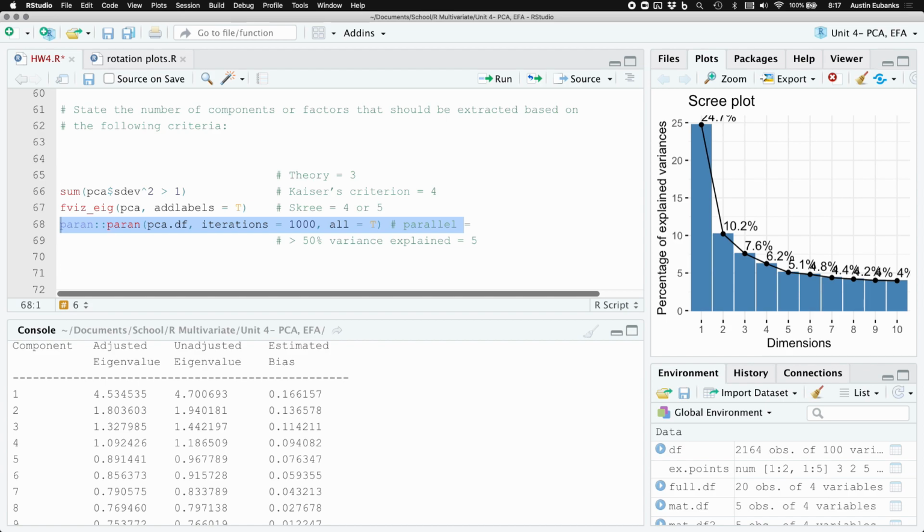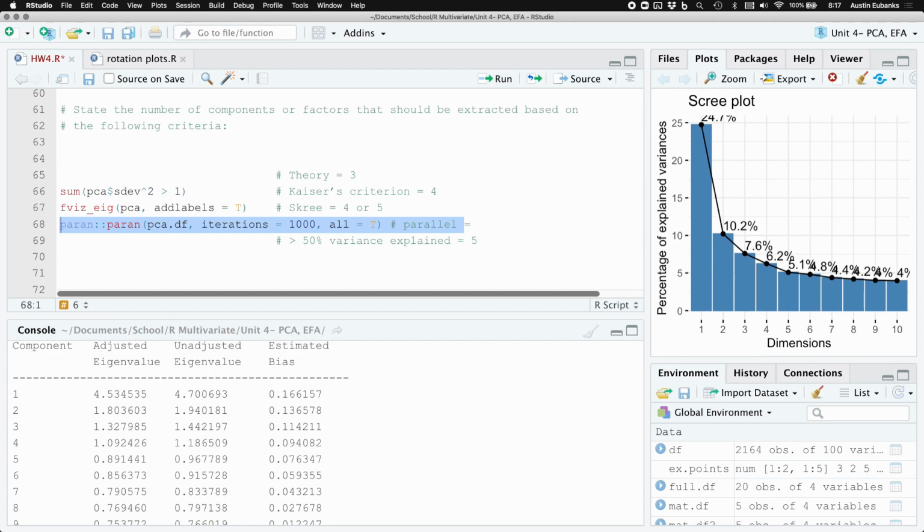You would get different values if it was random. Yeah, you should. With this function though, you put in the actual data frame that you used for your PCA.